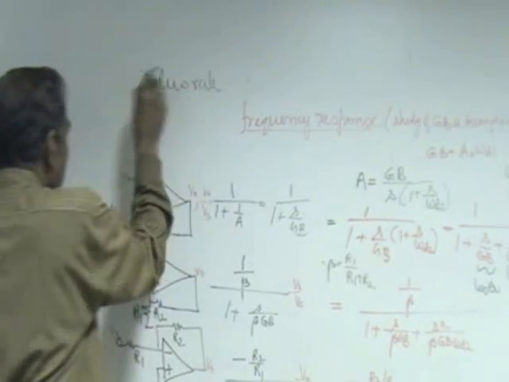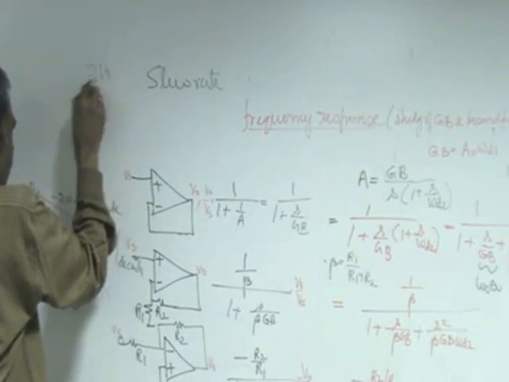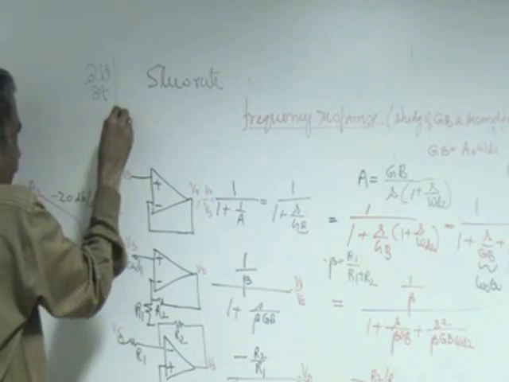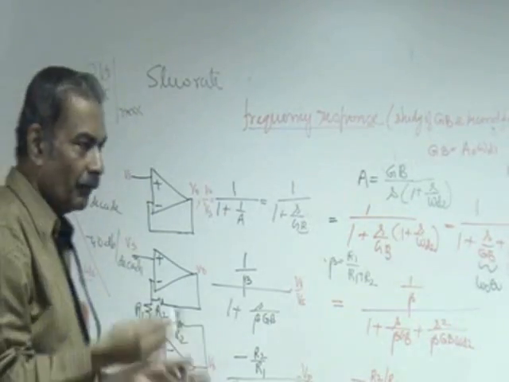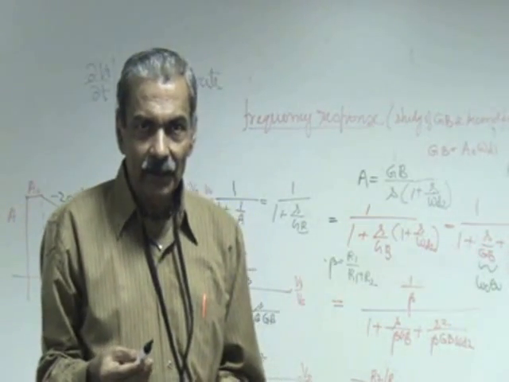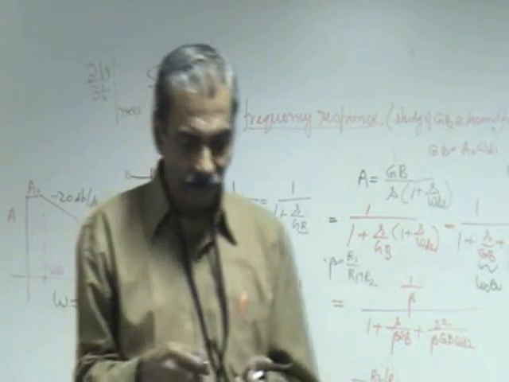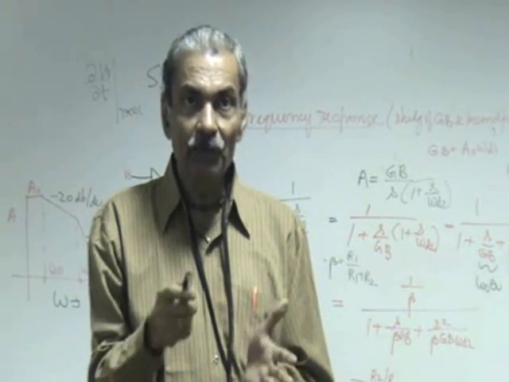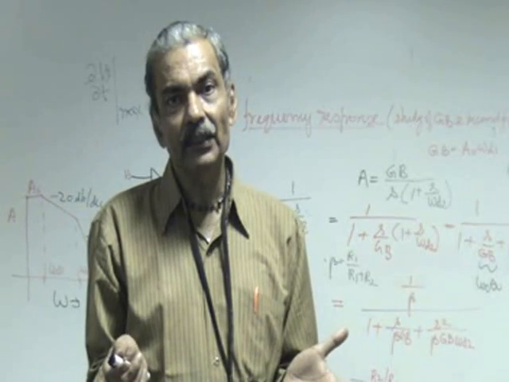Slew rate is nothing but delta V naught by delta T of the maximum that the op-amp is capable of rising. And therefore, if you measure the slope of the output waveform, we can directly measure the slew rate of the op-amp.